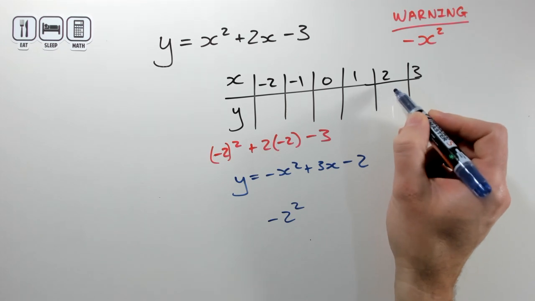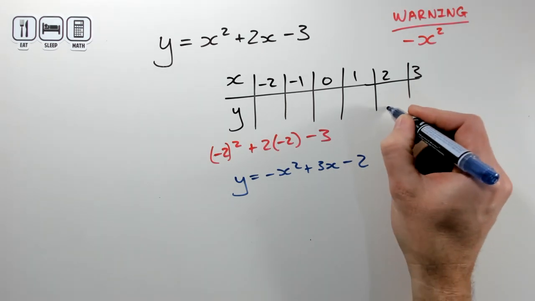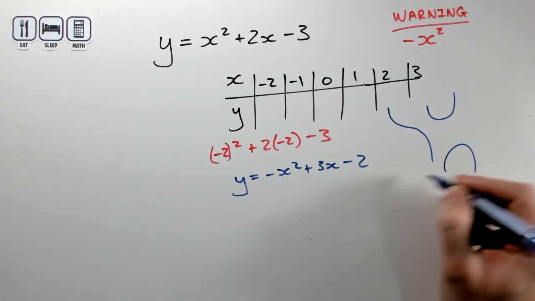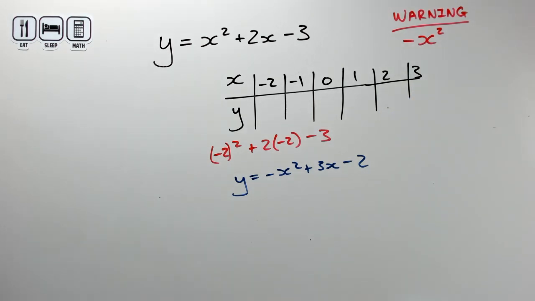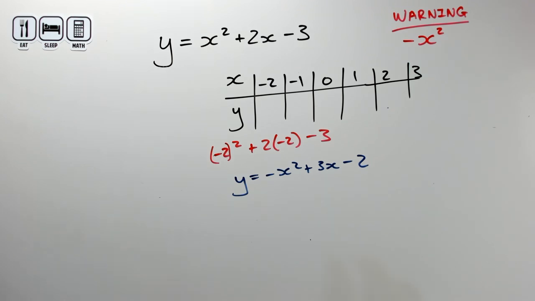But when I get to the positive numbers, I'm going to get unlucky again, and you're going to end up with a shape like this instead of this. Well, this one should be upside down, but we'll look at that later. The point is, please make sure you know how to use your calculator.